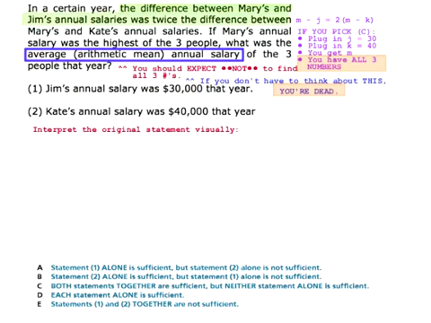If you put these things on a number line, then you know that Mary is on the right because Mary's salary is highest. To visualize that statement directly as given, let's put Mary here. Then we know you've got a difference between Mary and Kate, which is a smaller difference. So this is the difference between Mary and Kate.